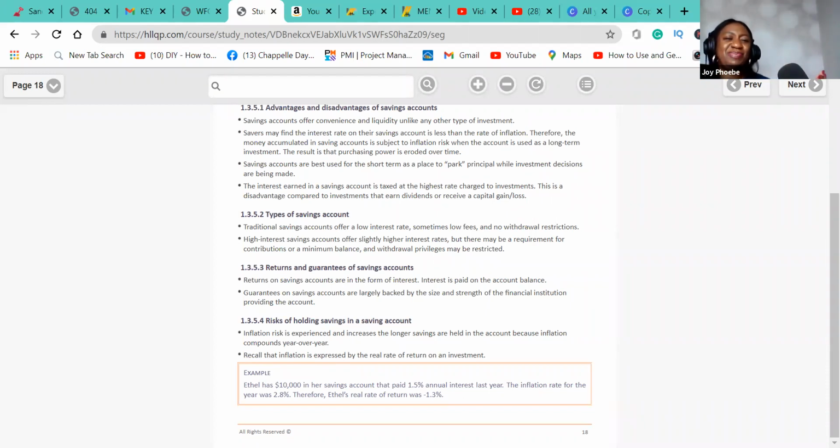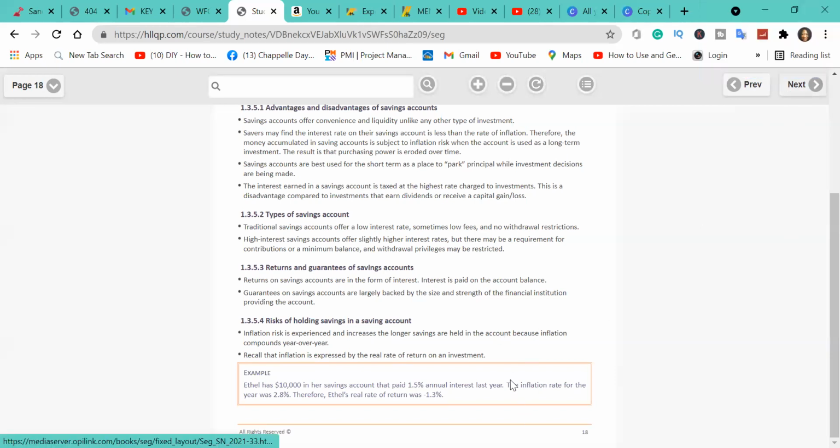So when they tell you it depends on the capacity of the financial institution, it means you are by yourself, using your tongue to count your teeth. Anyways, that's that on that one. Returns on a savings account, we already talked about that. Very, very low. And the major risk facing savings accounts is inflation risk.